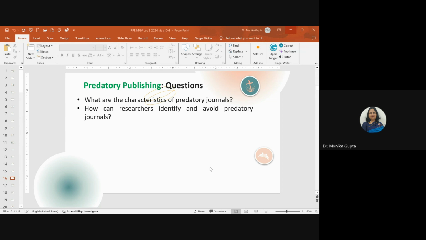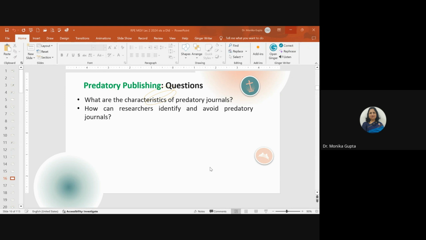Be wary of unsolicited emails. Avoid responding to suspicious offers. The most tempting is less time and minor payment. Assess the journal website. Look for professional design, clear information, and contact details. Consider publication fees. High APCs without justification are a red flag.